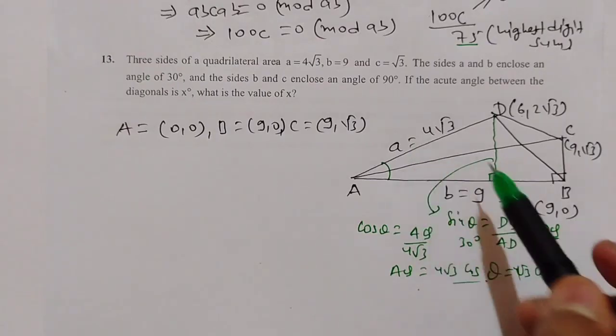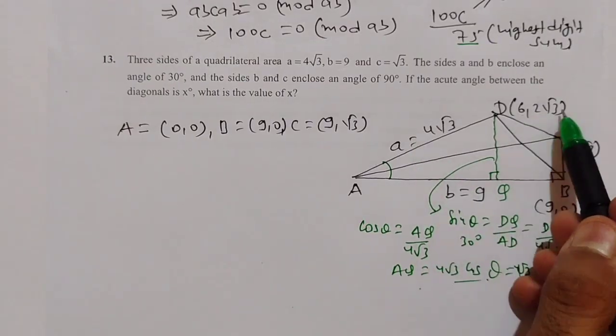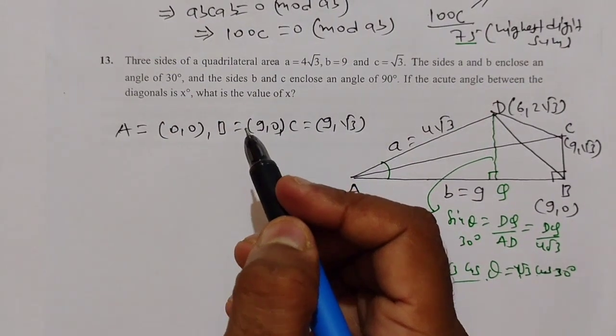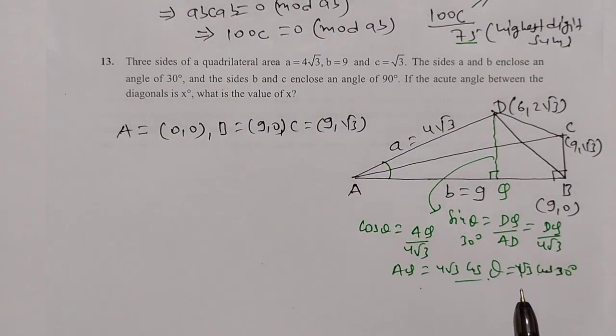So these are the abscissa and ordinate, 4 root 3 cos 30 degrees and 4 root 3 sine 30 degrees. Now finally we have the coordinates of A, B, C and D.